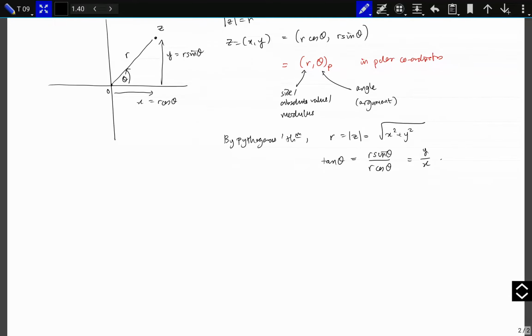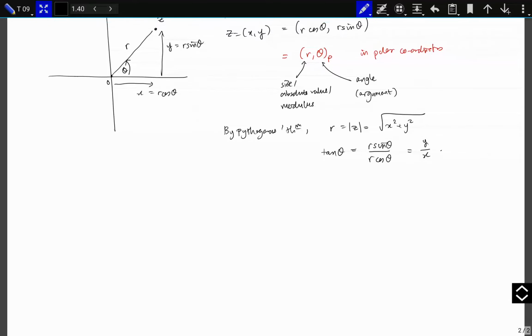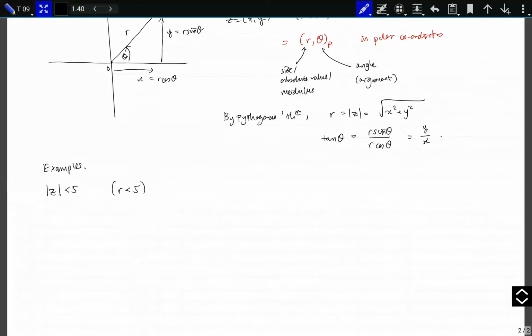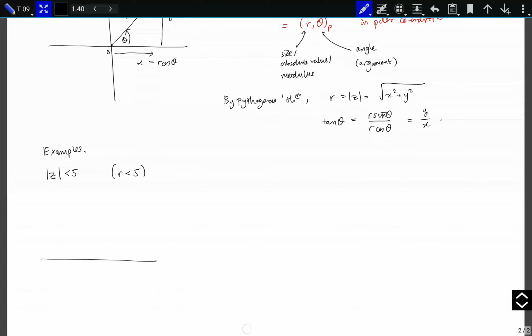So let's do just a couple of quick examples of polar coordinates. Let's do the same thing as above, but this time within 2 dimensions. Let's draw the size of z less than 5. So this means that r is less than 5, so that the radius is less than 5. So if I had to draw this, there's 5.